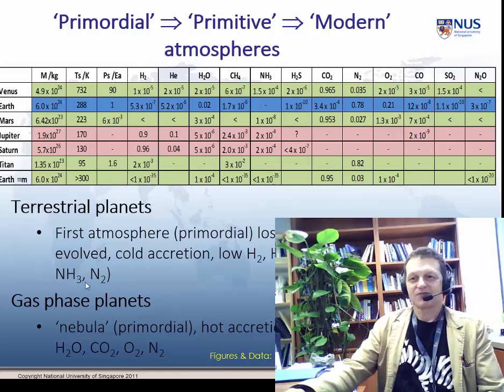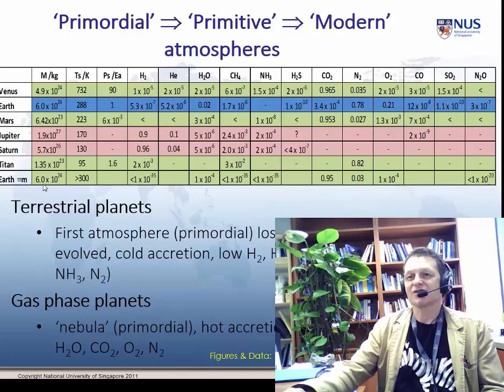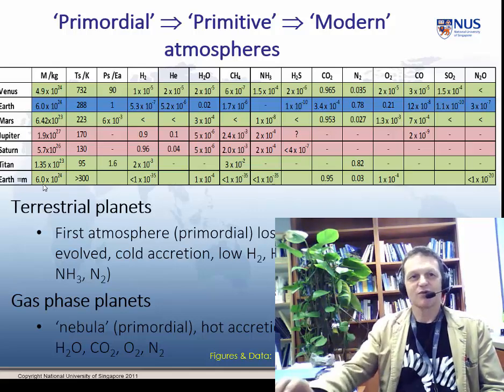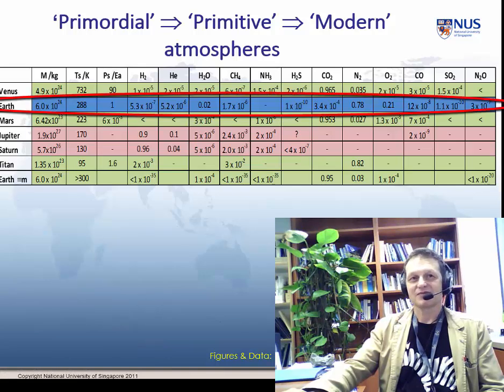Okay, right. So the primitive atmosphere then, one can expect it to look like this on Earth, very related to the atmospheres of the other primitive terrestrial planets. Right, now I guess what we need to think about a little bit more is what happened next.